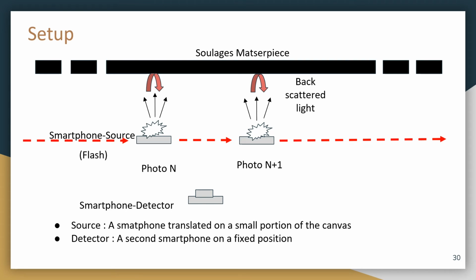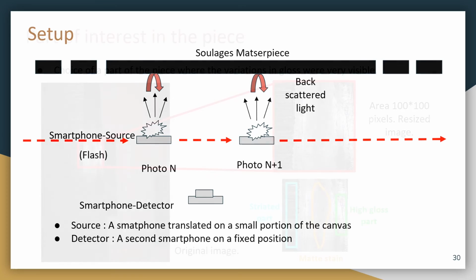The first one was moving with the flash always on, illuminating horizontally small surfaces of the canvas, and the second smartphone was on a fixed position, taking many photos while the first smartphone was illuminating the canvas.